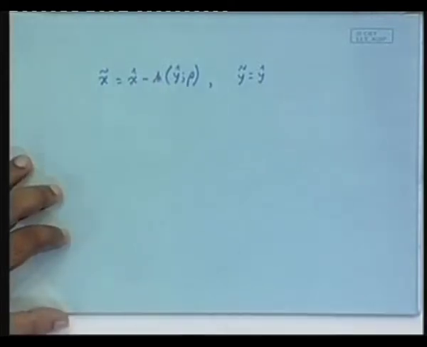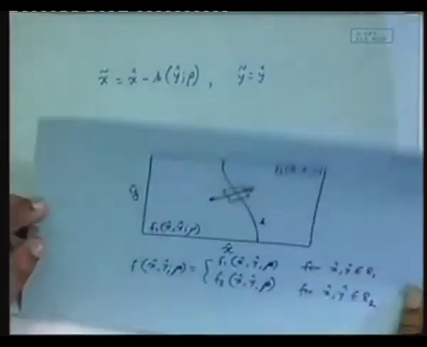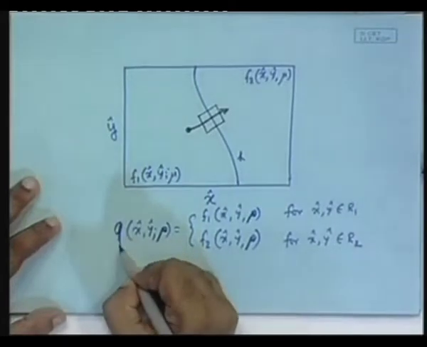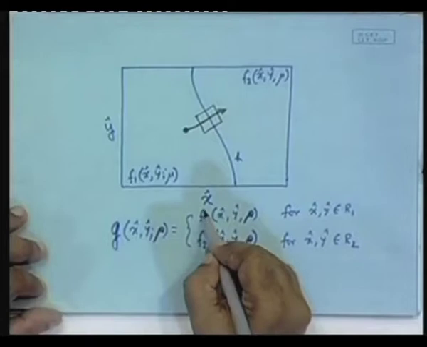So, we had started with, okay, let us start with G, so that we later come to F. So, this is G1 and G2.